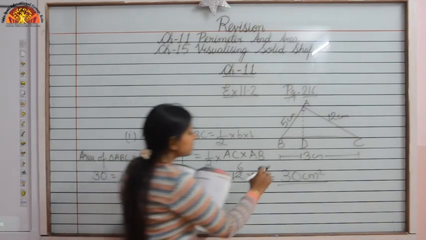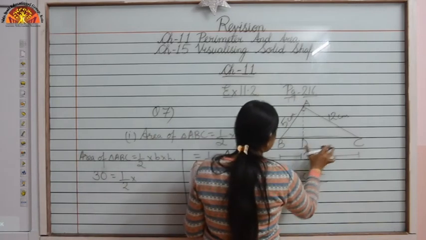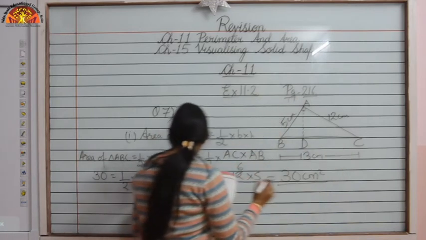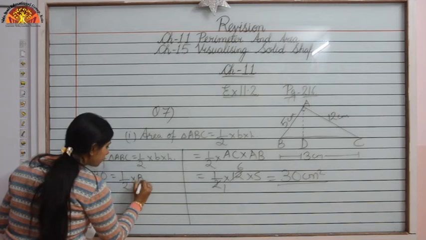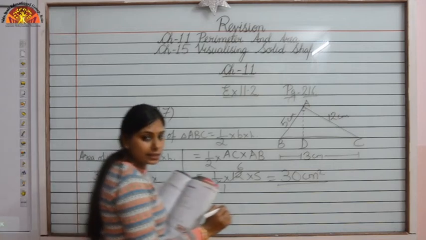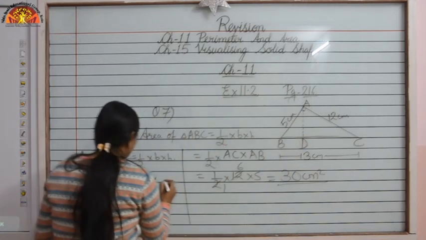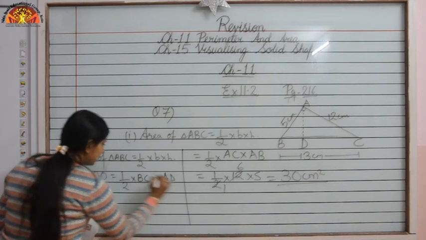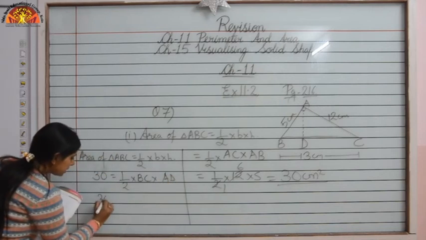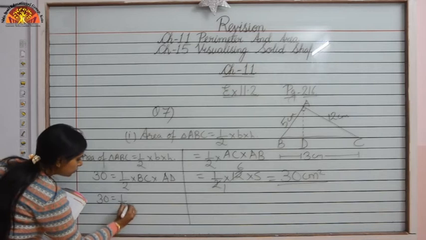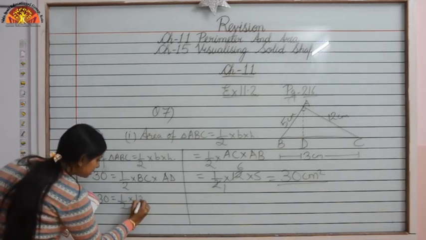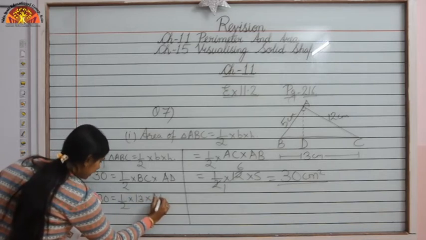Now what will be the base? Now when we are calculating this, the base will be BC, that is half of BC. And what will be the altitude now? That is AD. Now 30 is equal to half into BC, which is 13 centimeter, into AD.